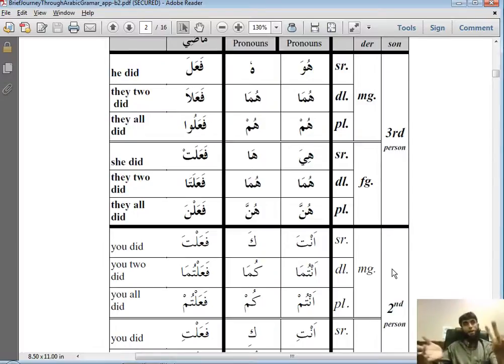Well, it's combined, right? So all of us. And is it singular or plural? It's plural because of we. Is it third person, second person, or first person? First person. If I say you, brother Nizam, studied, then it is second person, singular, male.